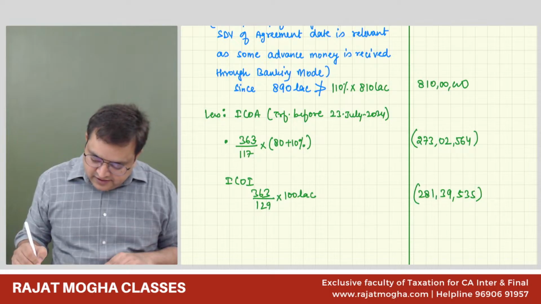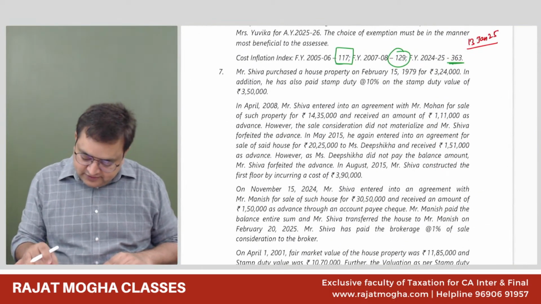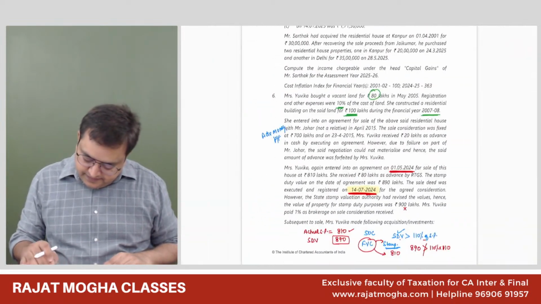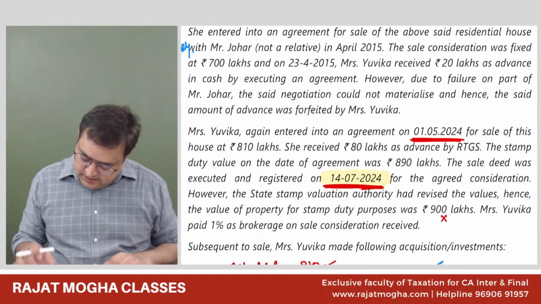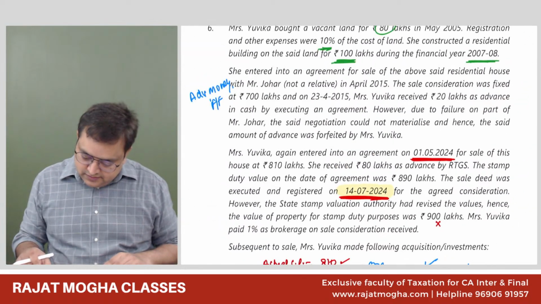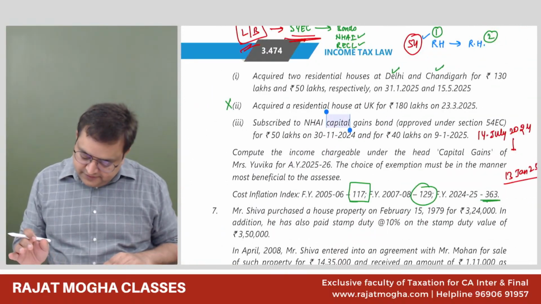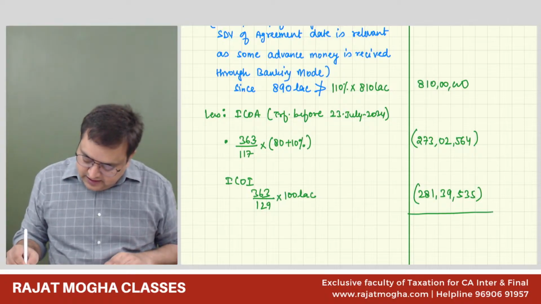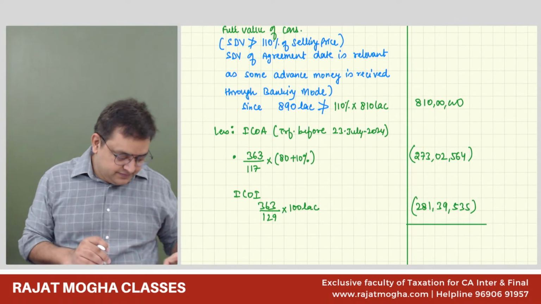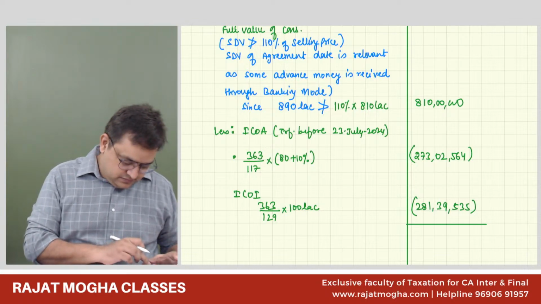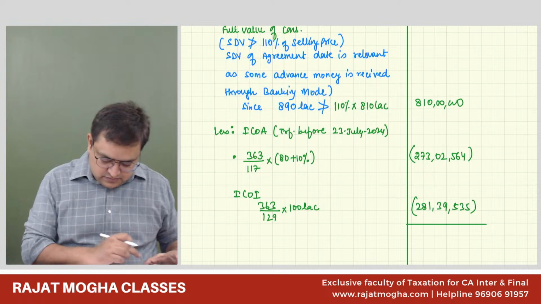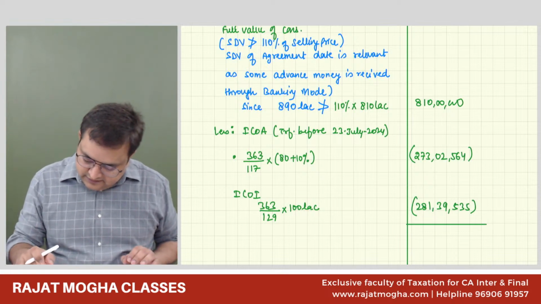Is there any expenses on transfer? I don't think there were any expenses on transfer. No, there were no expenses on transfer. So my capital gain is coming as... Sir, in the last line, Mrs. Yuvika paid 1% as brokerage on the sale consideration.